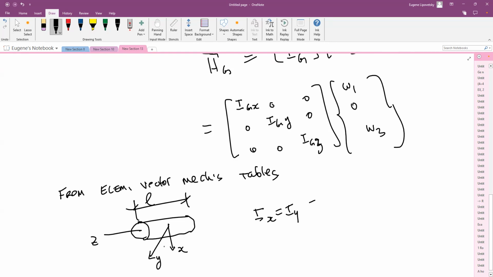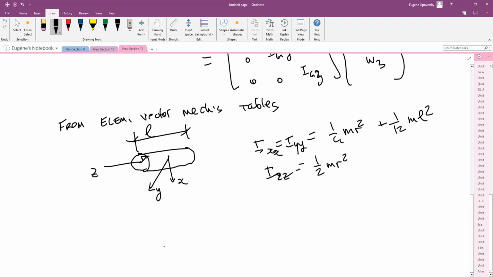Ix equals Iy equals 1/4 of mr squared plus 1/12 of ml squared. And Izz equals 1/2 of mr squared.